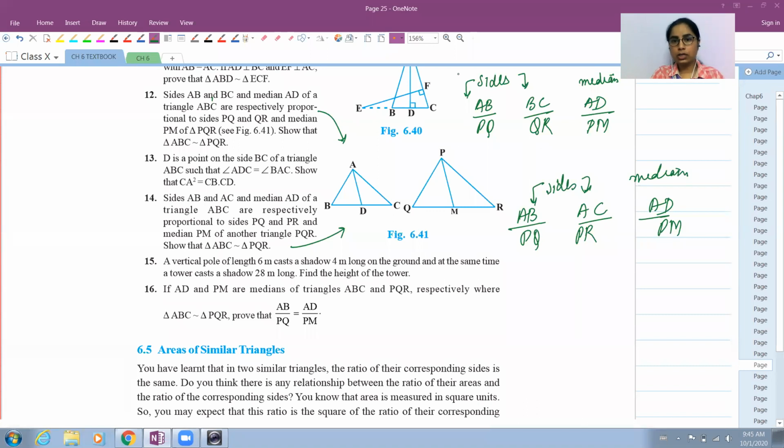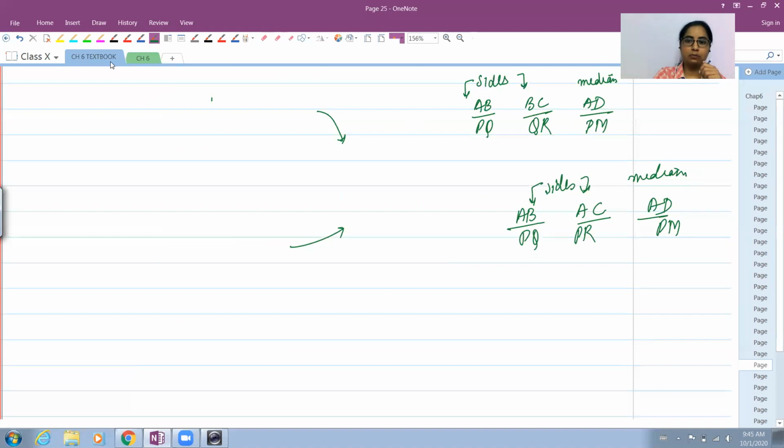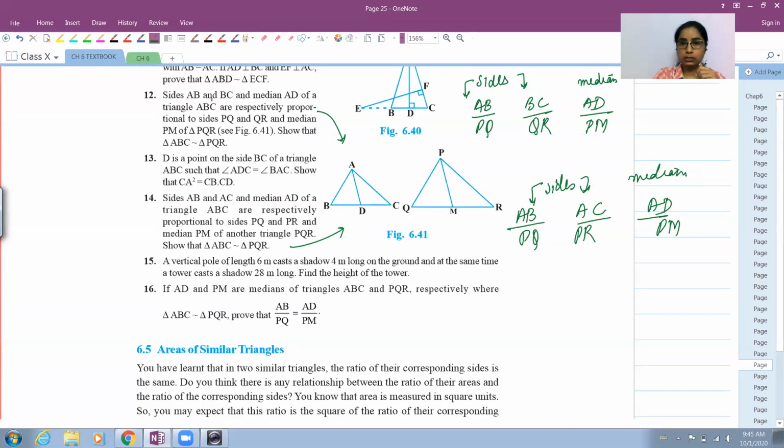The advantage in question number 12 was that the sides for which the ratio was given to us were bisected. So BC and QR were getting bisected. So we could have simply shifted to halves of these.